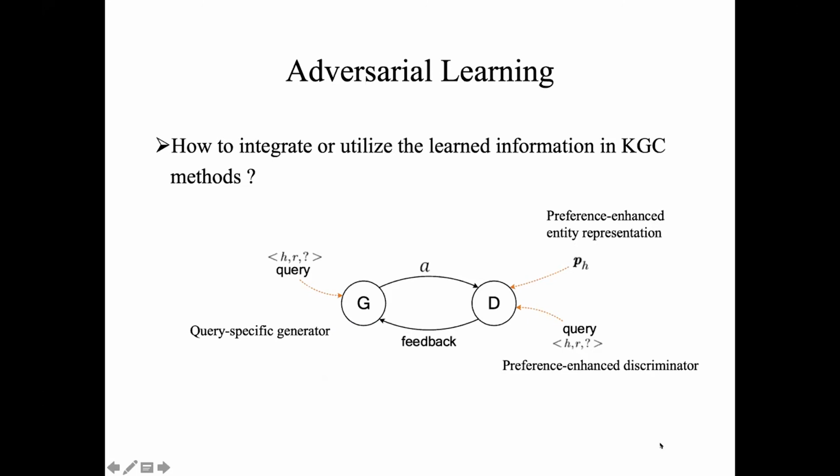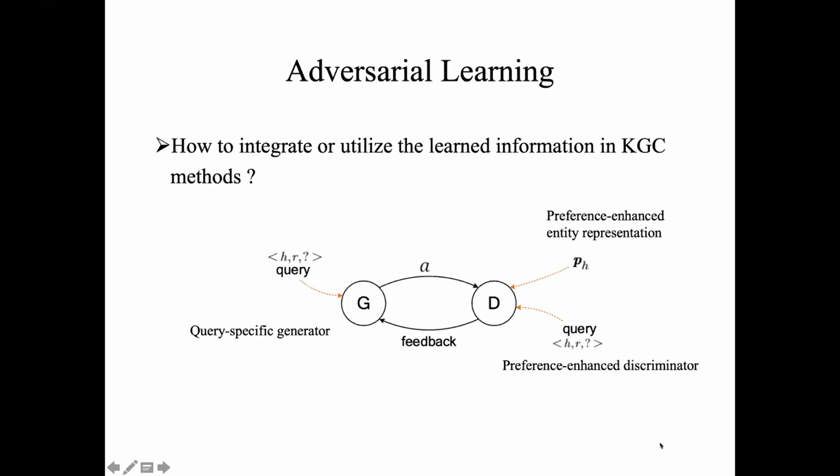And the role of the generator is to improve the discriminator and help the fusion of user interaction data. In this way, we can fully utilize useful evidence from user interaction data in the discriminator, and meanwhile, avoid direct influence of user interaction data on the knowledge graph semantic space modeled by the generator.